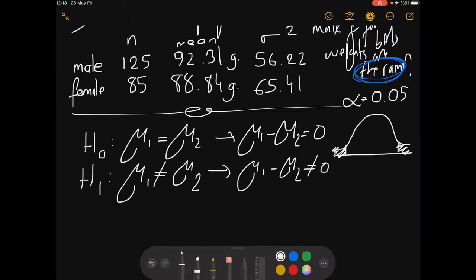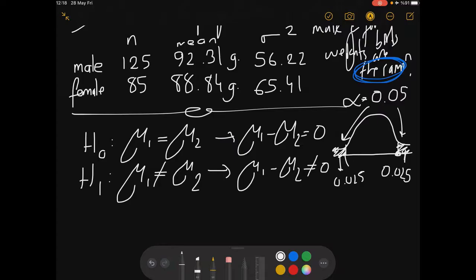And since this is 0.05, it means that what you have here will be 0.025 for here too. And you need to find this critical rejection region value from your Z table.